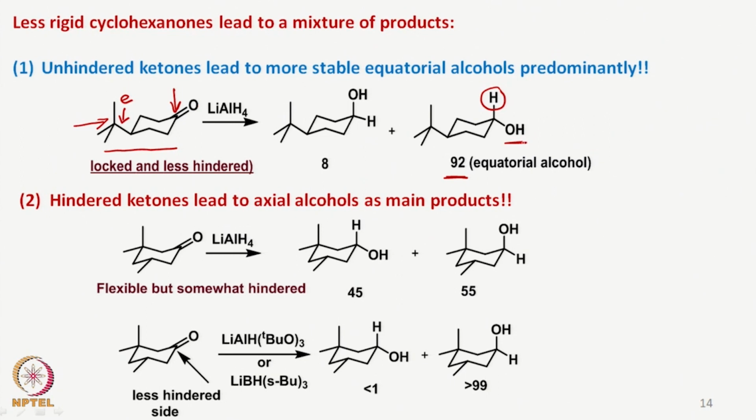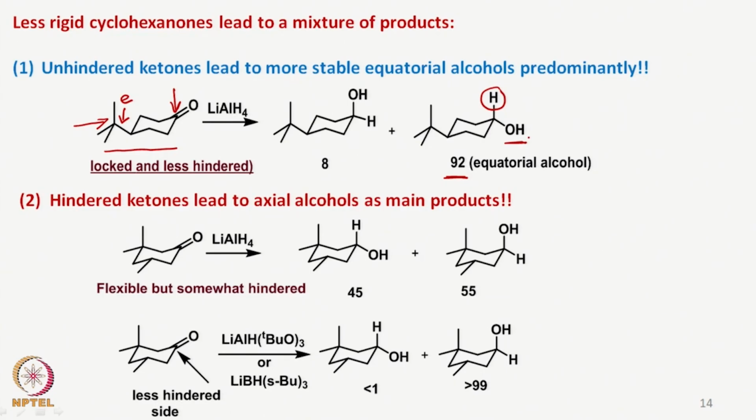But since lithium aluminum hydride is a small reducing agent, it prefers to attack in such a way that the larger OH or the OAlH3 minus goes to the equatorial side.